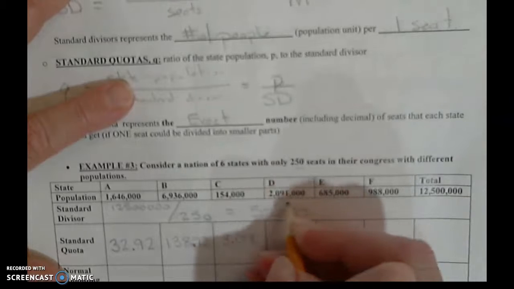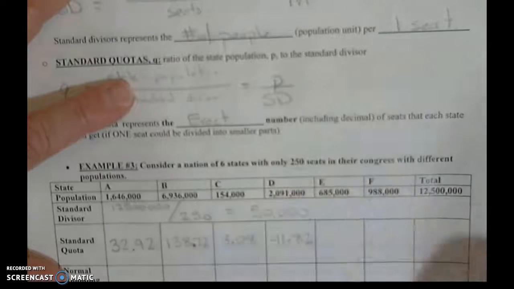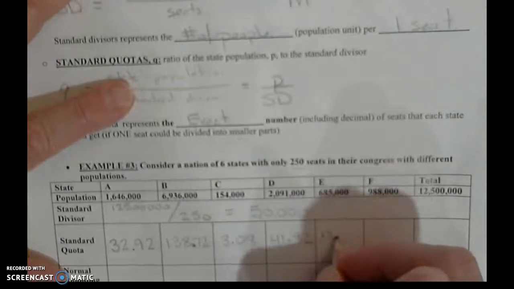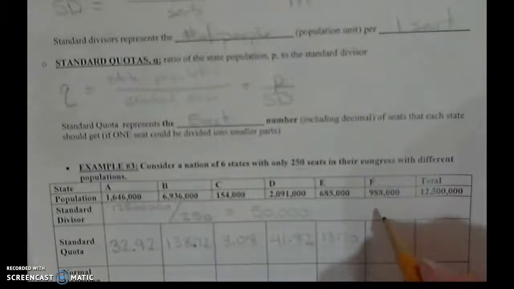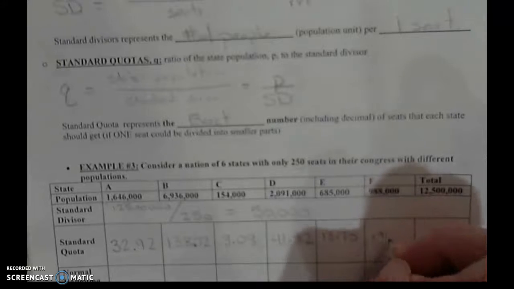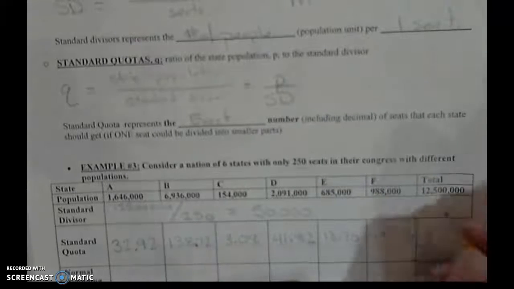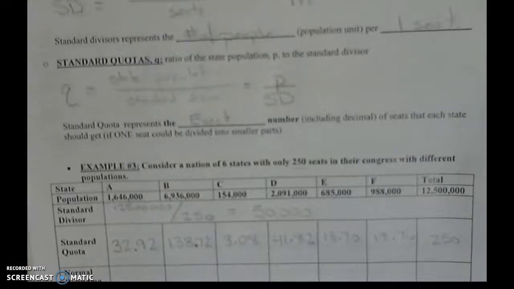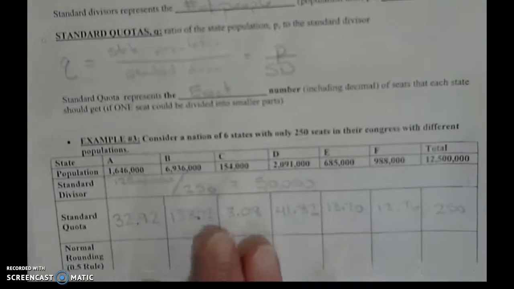The 2 million divided by 50,000 is 41.82. The 685 divided by 50,000 is 13.70. And then our 988 divided by 50,000 is 19.76. And if we add all those up, we should get our 250 for our total, because we knew we had 250 seats, so that makes sense.